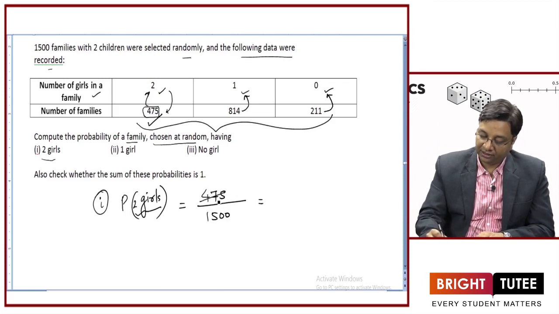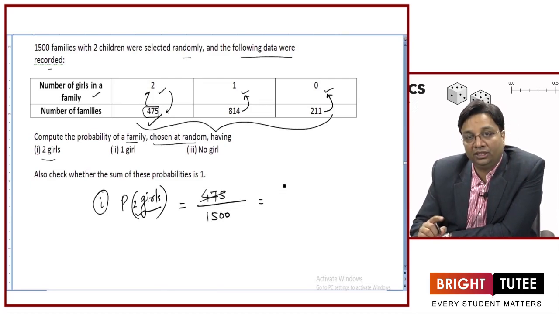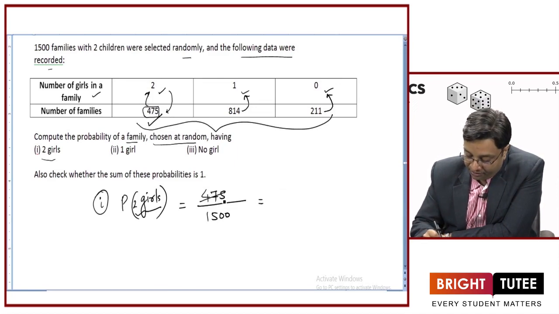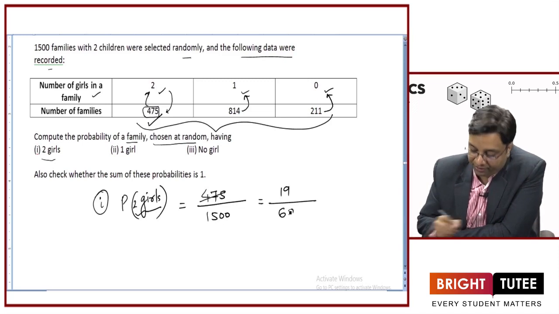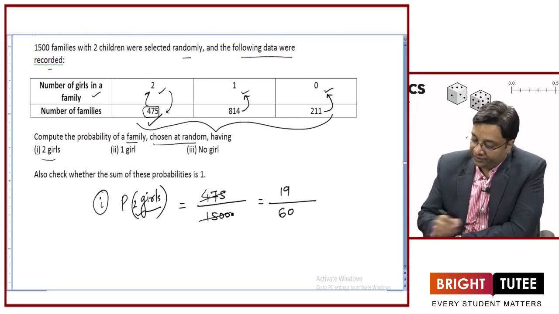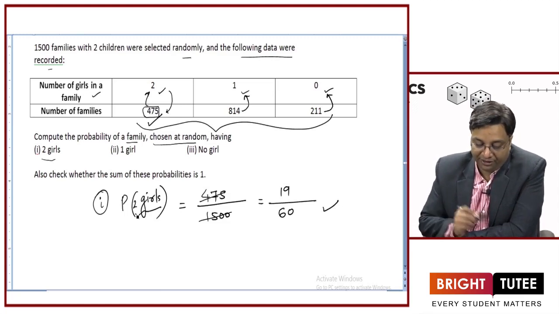So we can cancel it by 25. 25 into 19 is 475, and 25 into 60 is 1500, right? So 19 by 60 is the probability of having 2 girls in a family if a family is picked at random.